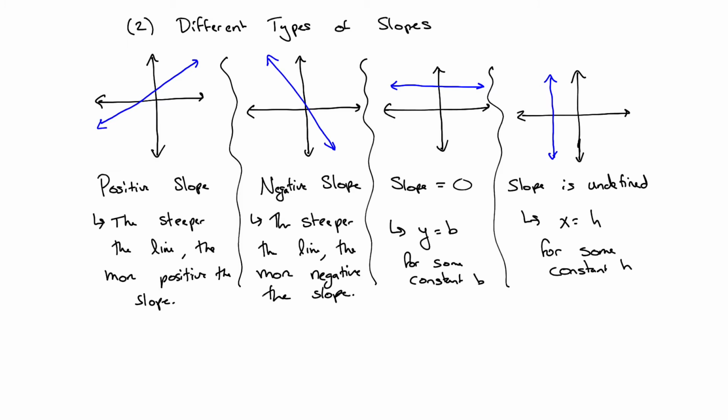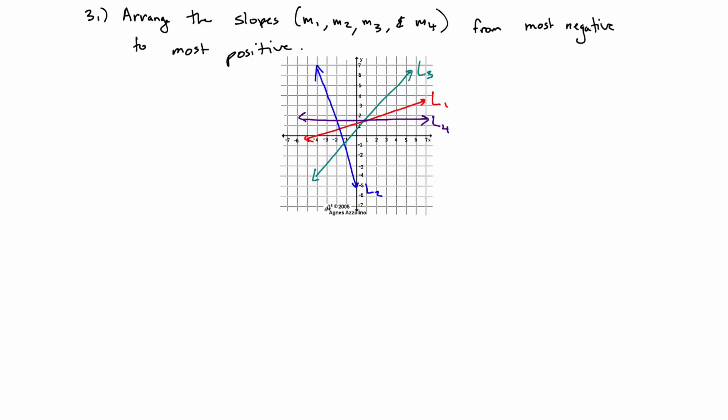So let's go back to the problem and note that L1 and L3 are positive slopes, right? They're both starting in the bottom left and going to the top right. This one's pretty shallow, this one's a little bit steeper.